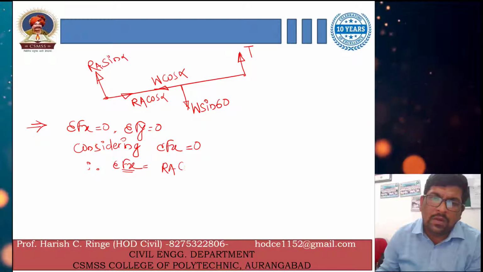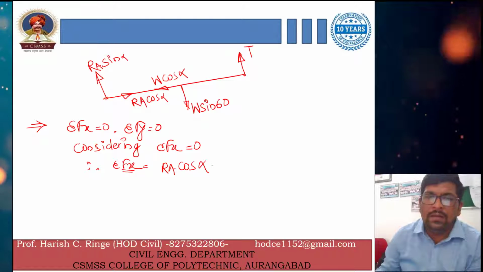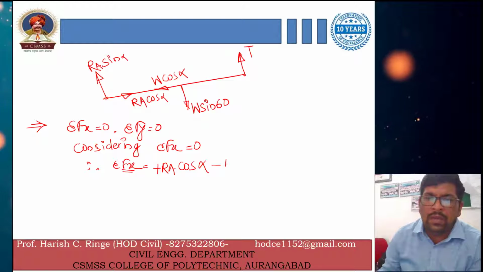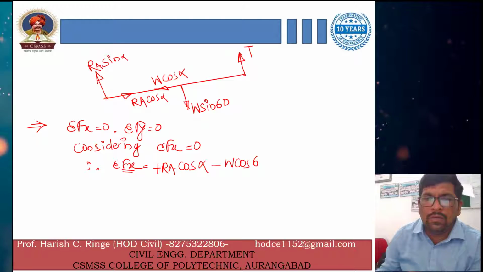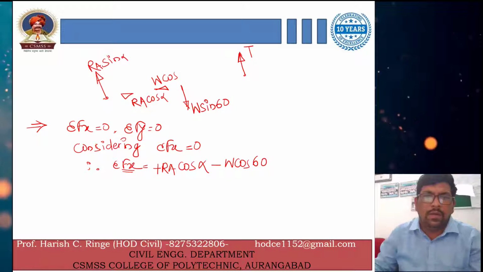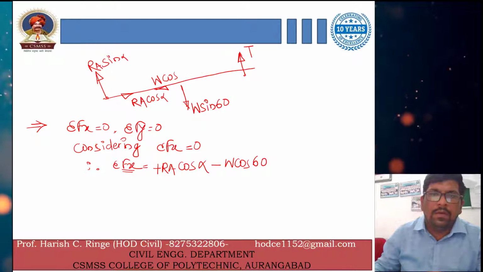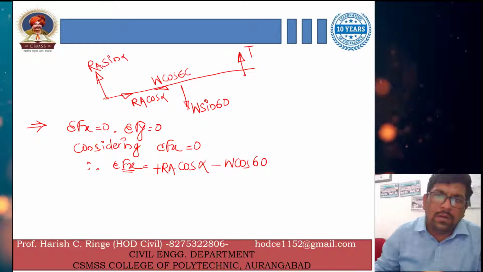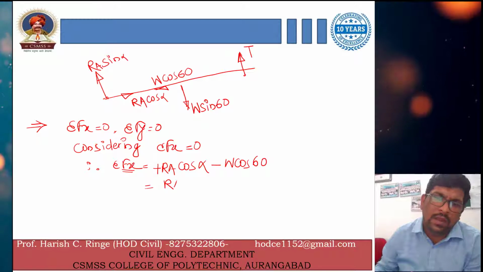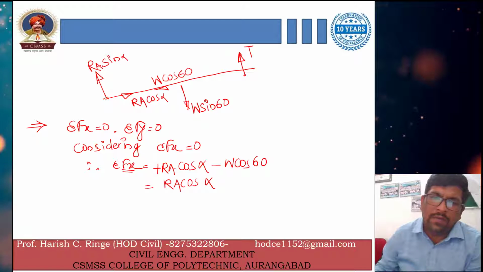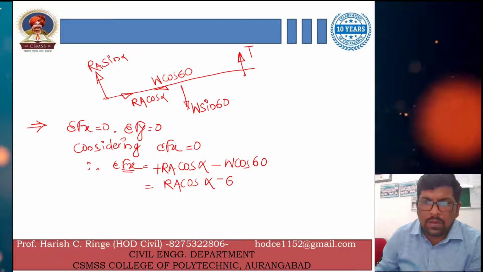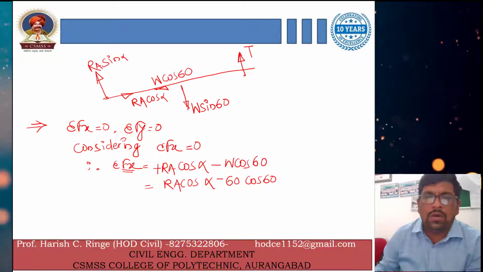RA cos alpha goes to the right side, so it will be plus, and this will be W cos 60. So RA cos alpha minus 60 cos 60.